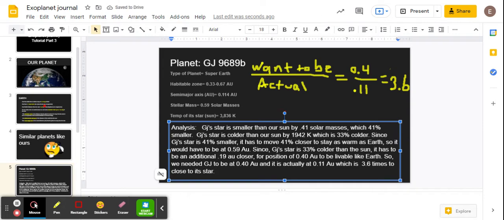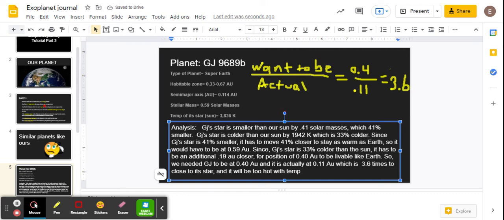Now, the next step, we know it's 3.6 times too close, which means it will be too hot. 3.6 times too close to its star, and it will be too hot. Here comes the part where we have to figure out the temperature.